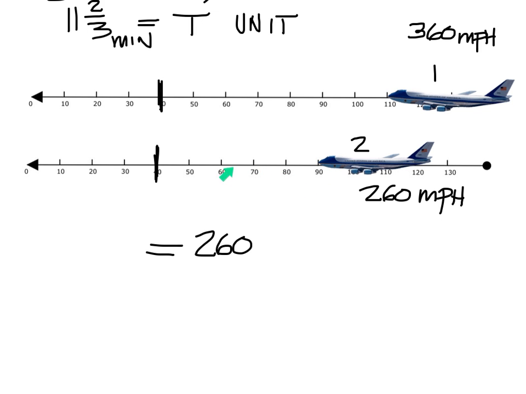1, 2, 3, 4, 5. It's going to go 50 miles. Where does the t go? By the 260. What do we do to solve for t? Divide both sides by 260.